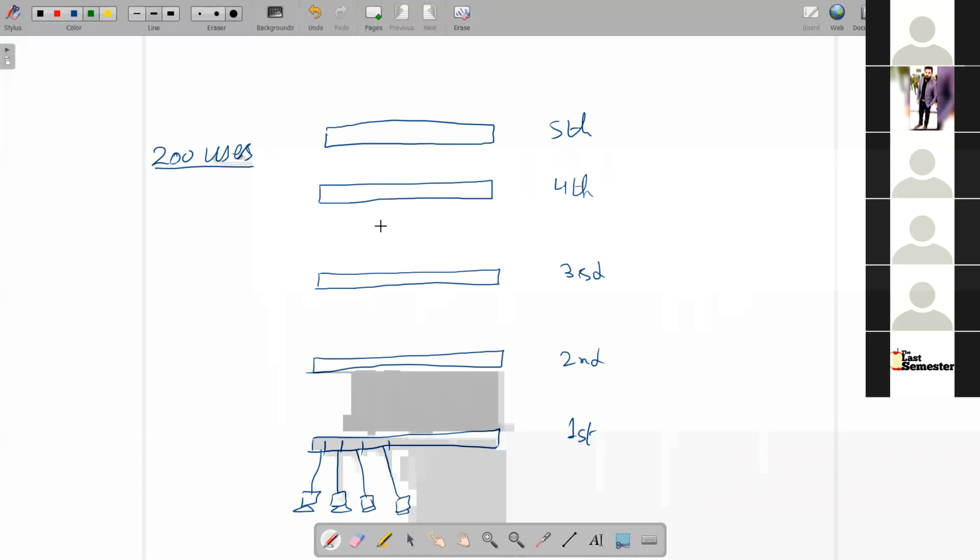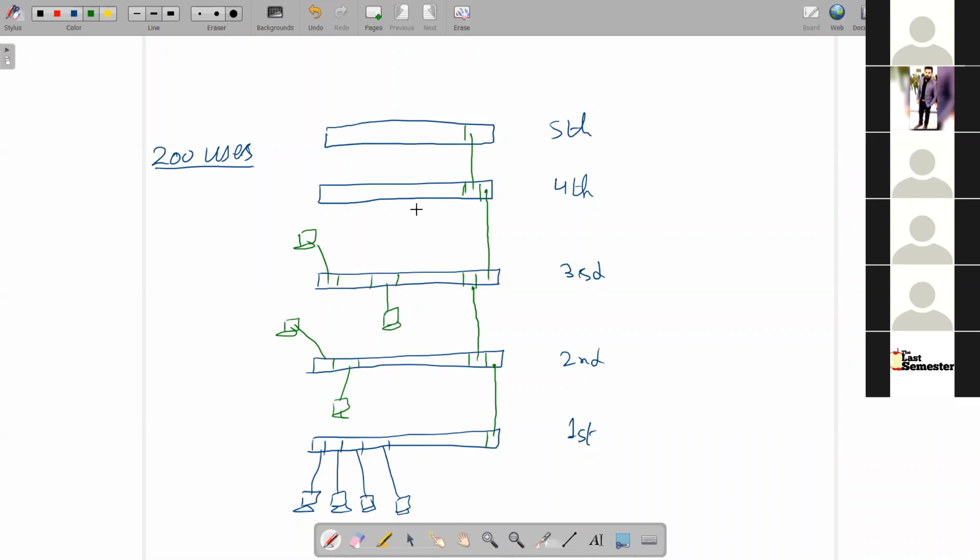And obviously, we need to connect all these switches together. Why am I connecting all these switches together? Obviously, this is an organization. So on each floor, there might be different end users and they would like to communicate with each other in order to exchange files, information, etc. So there are multiple end users sitting on multiple floors.